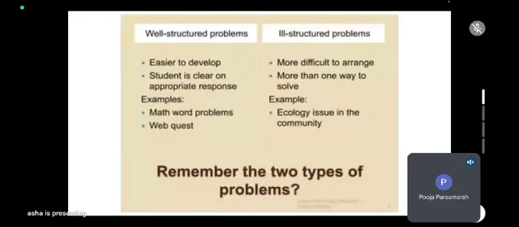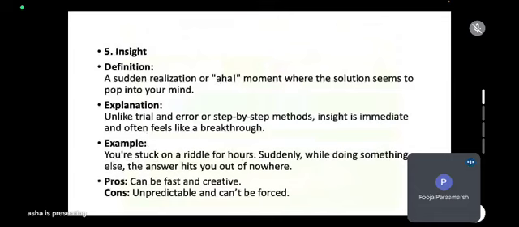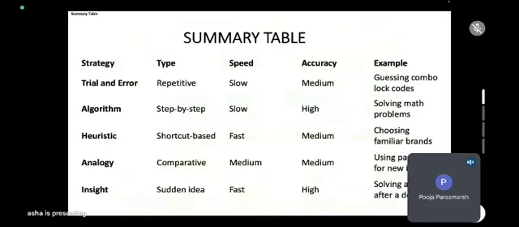Here it is clear about the appropriate response. In ill structured there is more than one way to solve it. And then I spoke about methods of problem solving, where there are 5 methods: trial and error, algorithm, heuristic, analogy, and insight.